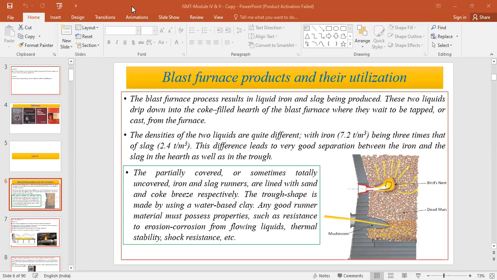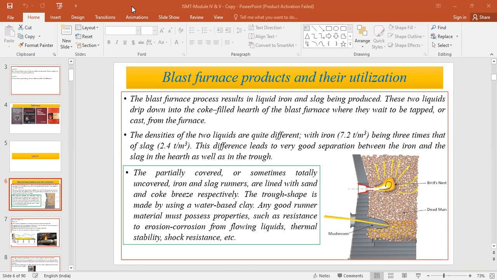Some are gas-solid reactions, some are solid-solid reactions, some are gas-metal reactions, some are slag-metal reactions.